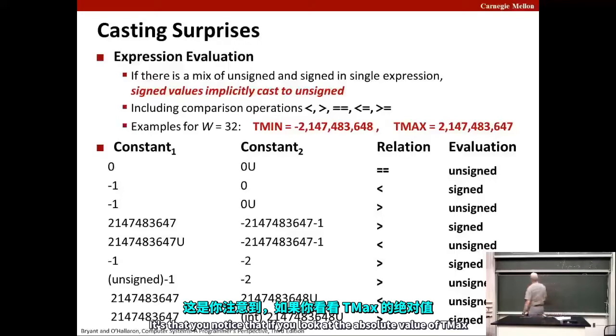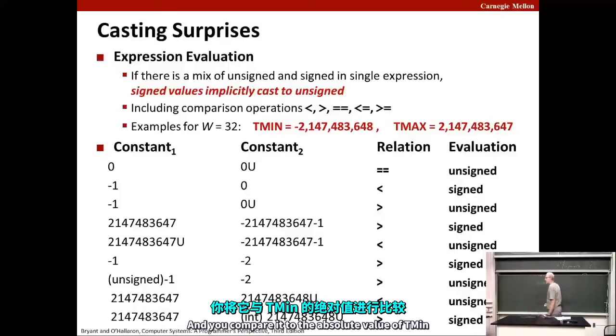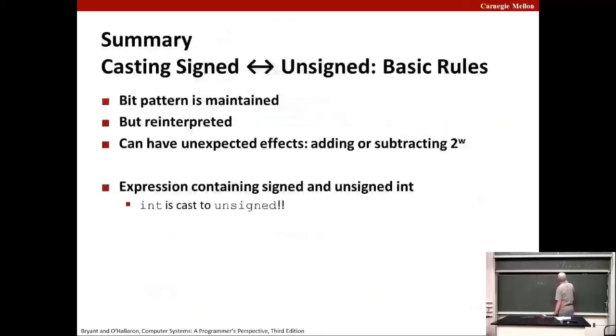If you look at the absolute value of T max and compare it to the absolute value of T min, you notice that it's off by 1.